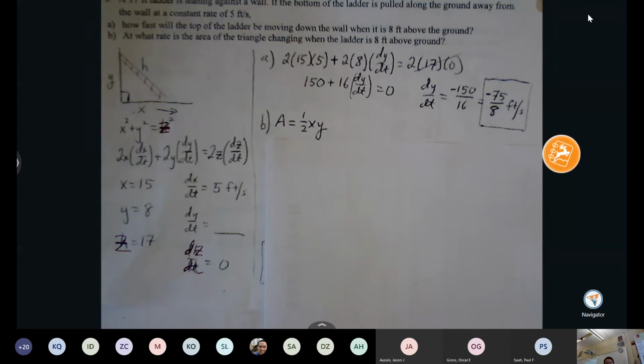Let's finish off with part B. Area of a triangle, 1/2 base times height. Step through product rule.